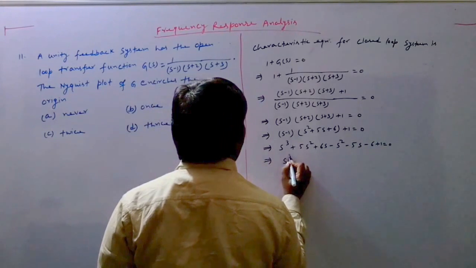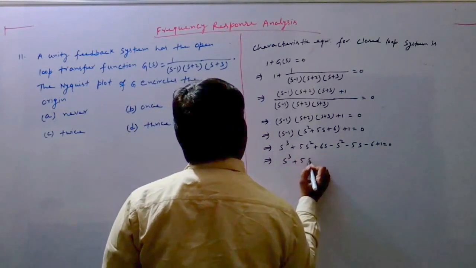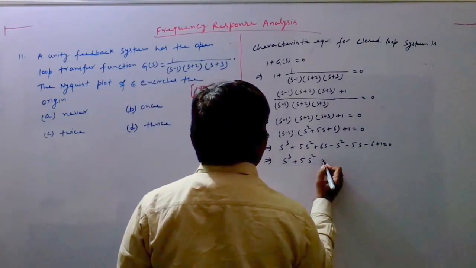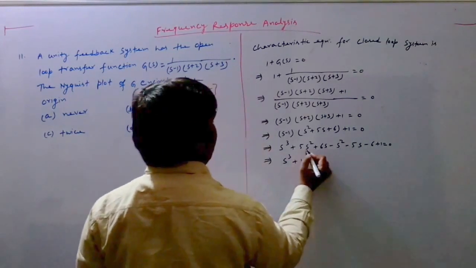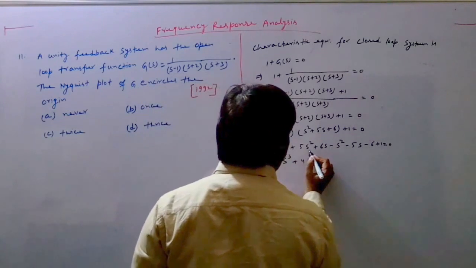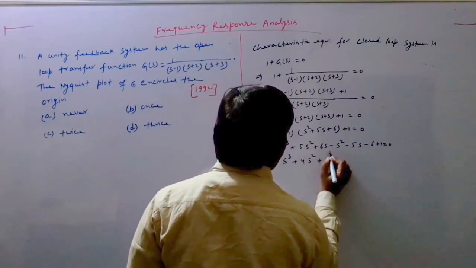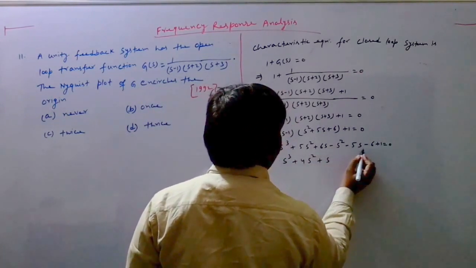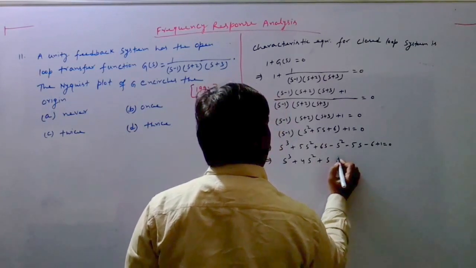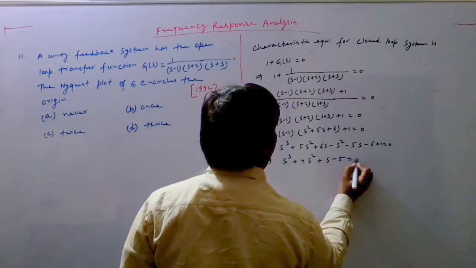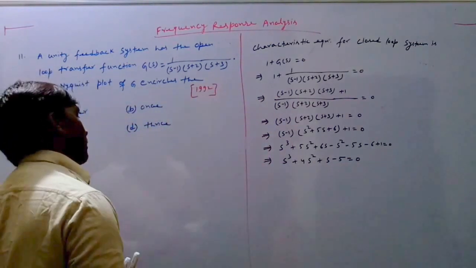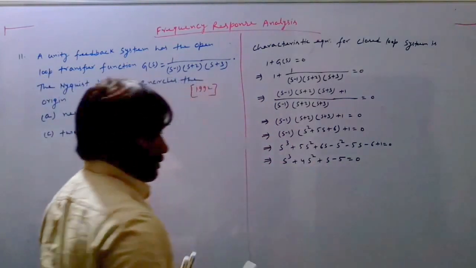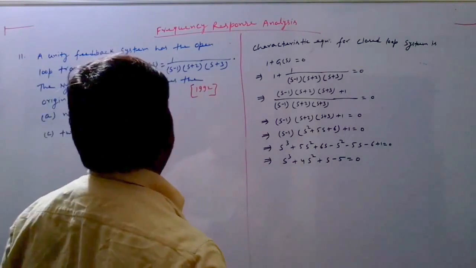This implies s cube plus 4 s square plus s minus 5 equal to 0, because this s square is subtracted from 5 s square. So this is the characteristic equation of the system.